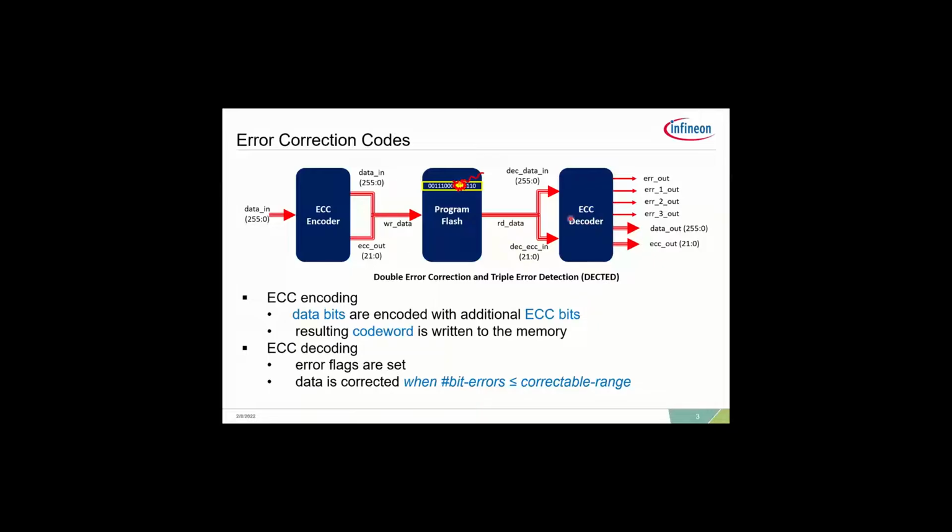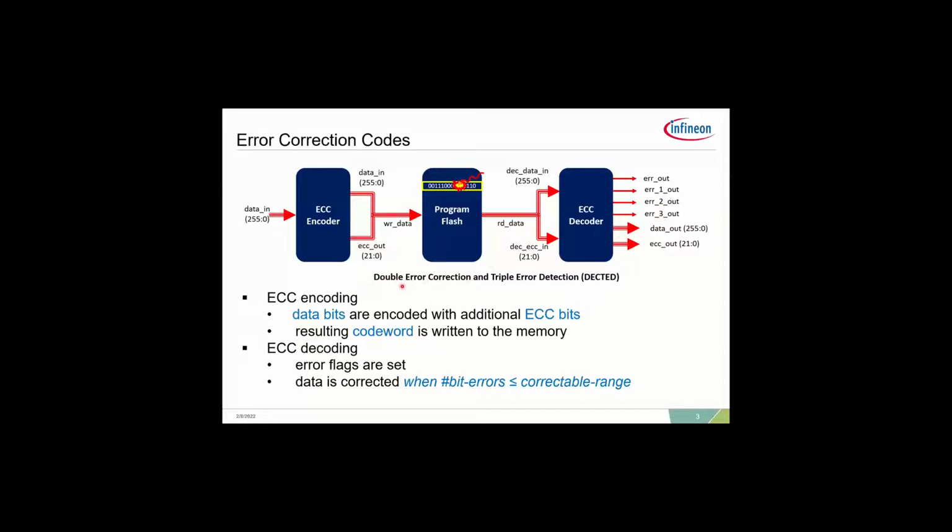And what is the functionality of the ECC decoder? It basically does the opposite of what the ECC encoder did. It decodes the encoding, and then it checks if there are any bits that are corrupted. In cases when the data is corrupted, the error signals are set here. As you see in this design, up to 3-bit flips can be detected, and 2-bit errors can be corrected.